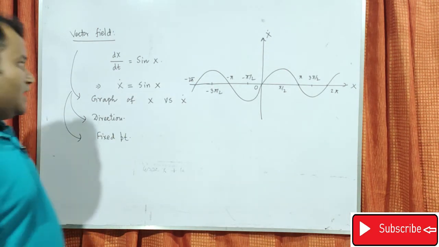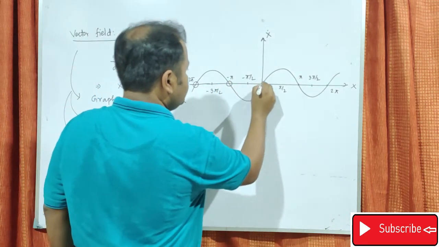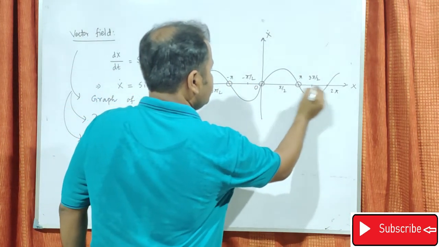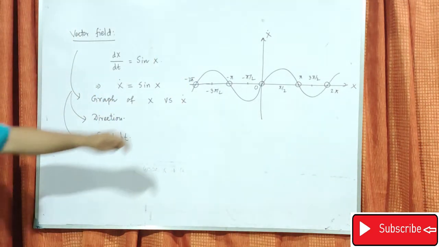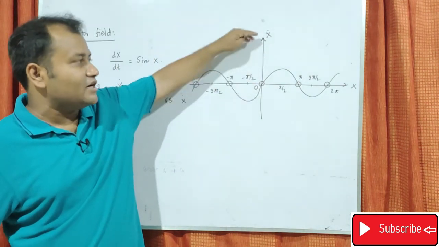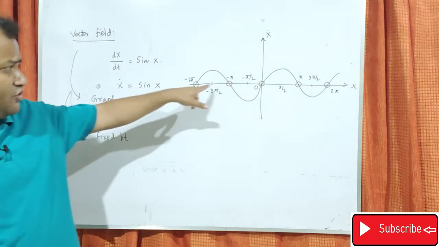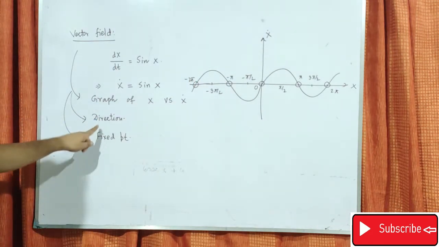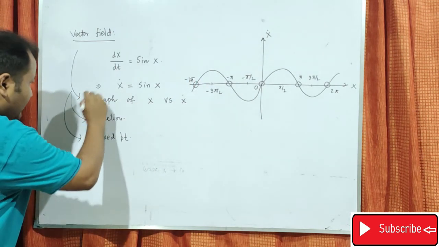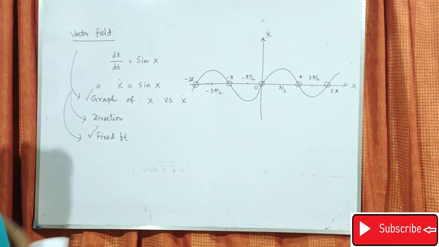These points will be fixed points. Fixed point means where x dot is 0, that is, the growth is 0. Later on you can call this an equilibrium point also. Now we understand what the graph is and what a fixed point is. What is the meaning of direction?